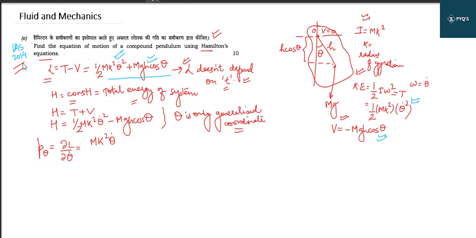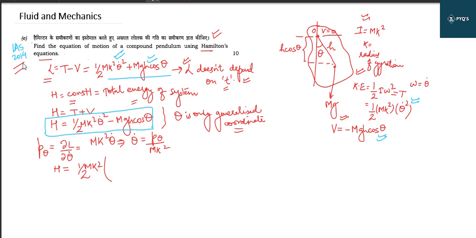Okay. Now we have to find H. Now we can write this H in the form of p theta and theta. So H equals half, and now we'll replace this theta dot. From here we'll get theta dot equals p theta upon m k square.